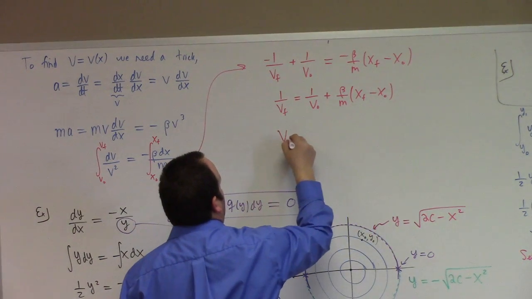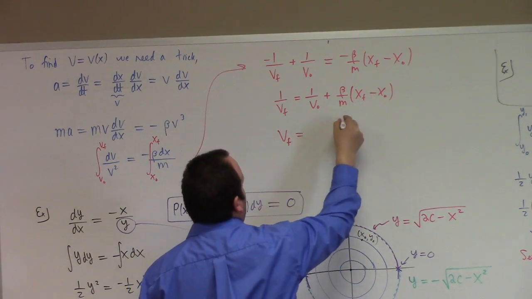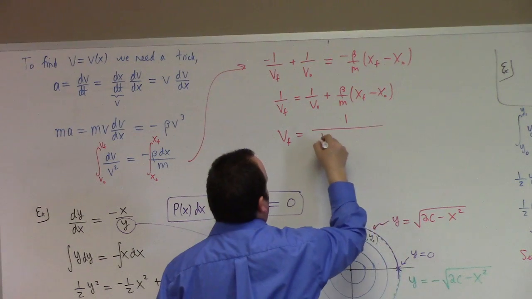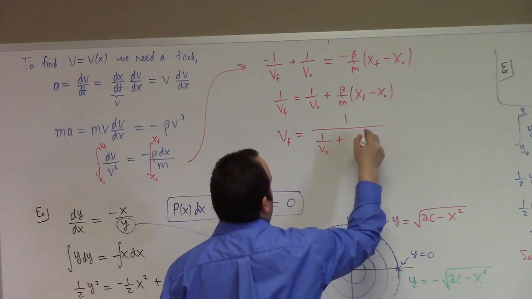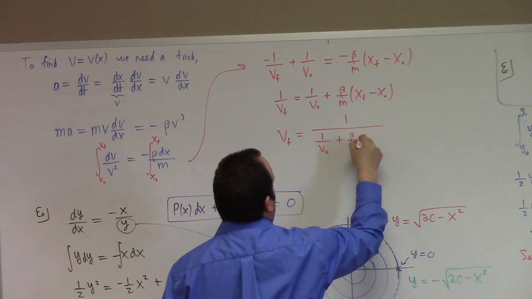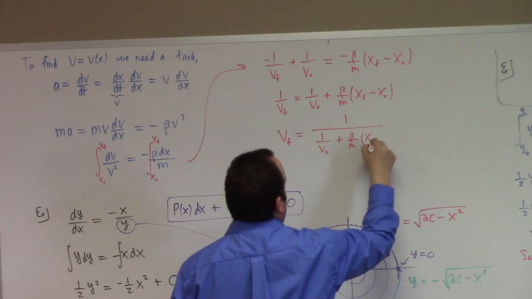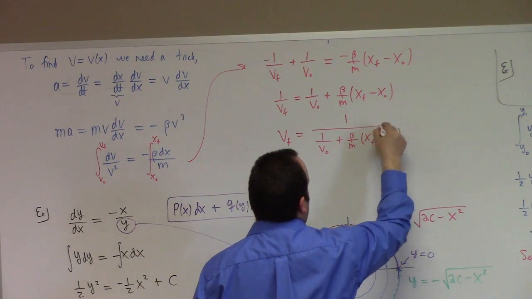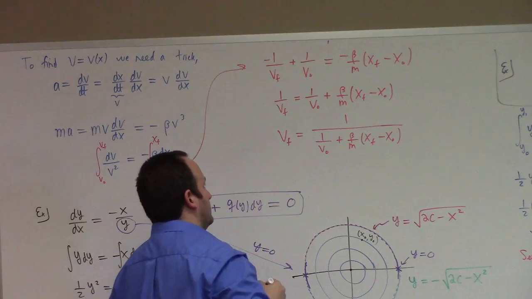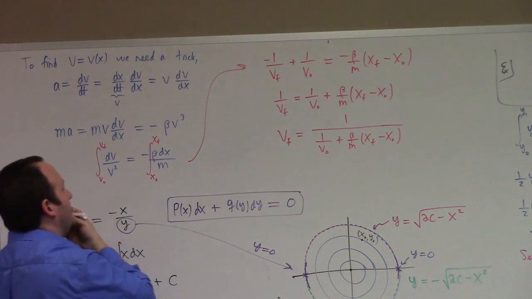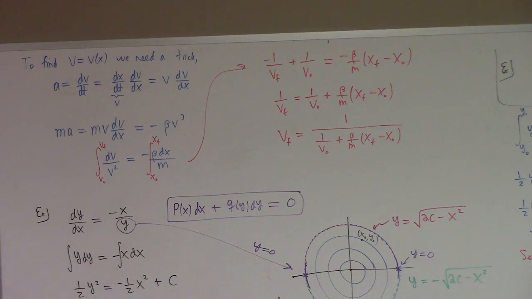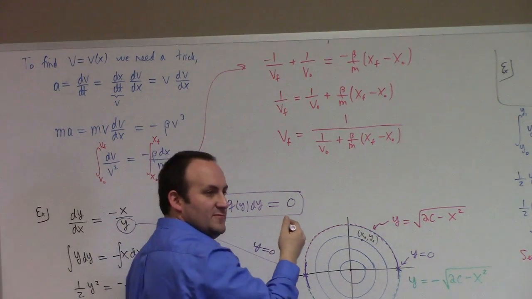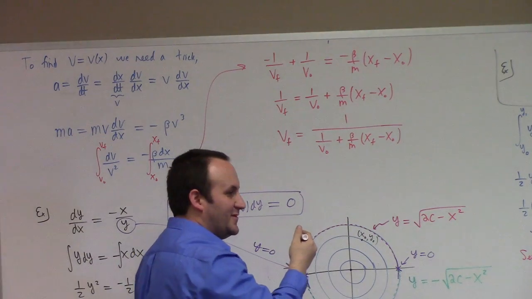And so there you go. The final velocity is, in fact, the reciprocal of the sum of 1 over v naught plus beta over m times the displacement. Well, that's not a reciprocal. I mean, I guess if I want, oh, I'm sorry, I forgot my problem. I was supposed to find v of x. Yeah. Fine, so I can do that. Sorry for the calculator.